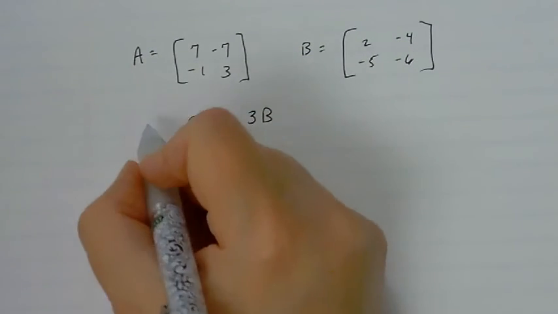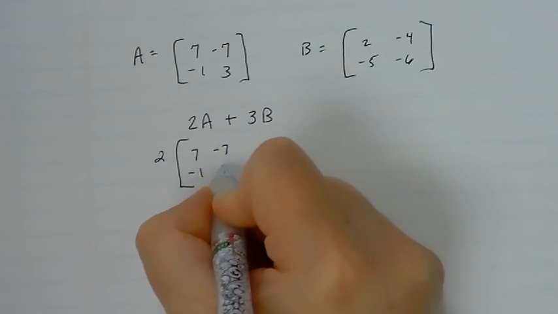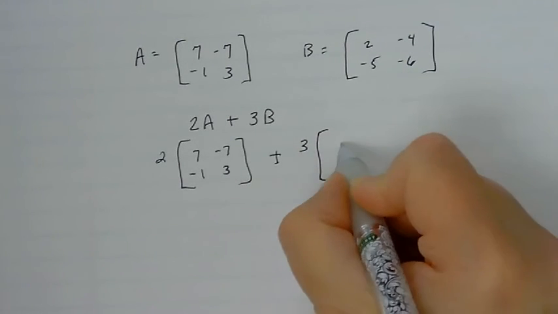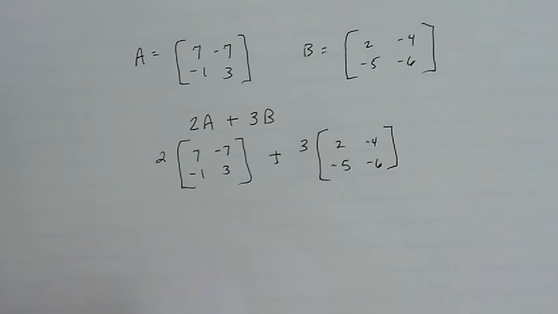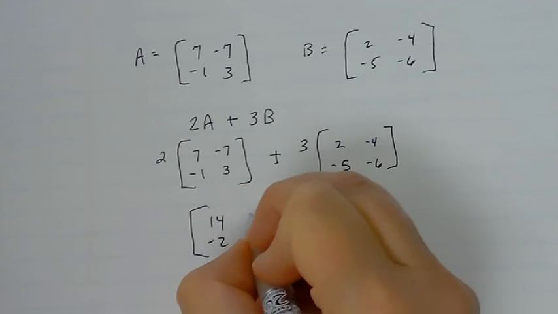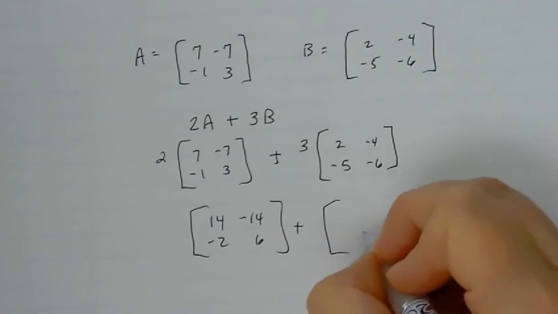So I'm going to have 2 times matrix A and add 3 times matrix B. So this matrix would be 14, -14, -2, and 6. And I'm going to add the next matrices.